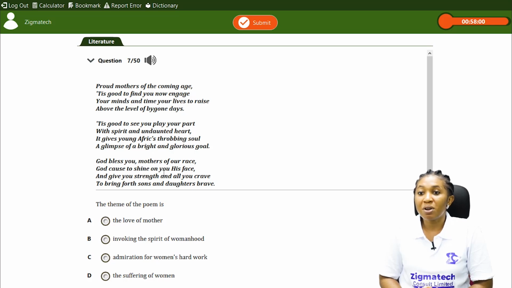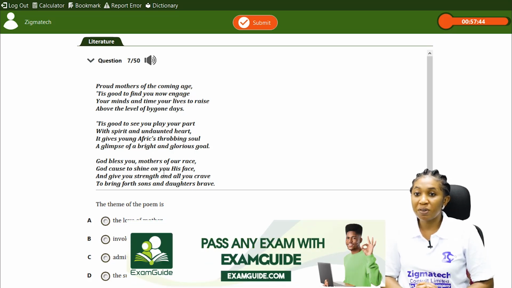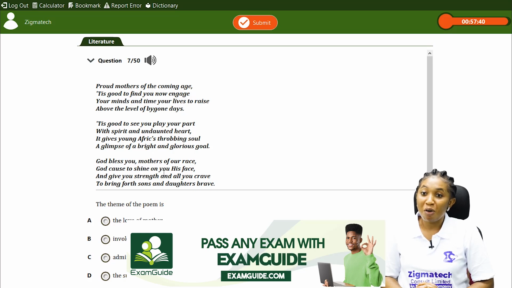It gives young Africa's throbbing soul a glimpse of a bright and glorious goal. God bless you, mothers of our race. God cause you to shine on you his face, and give you strength and all you crave, to bring forth sons and daughters brave. What is the theme of the poem?